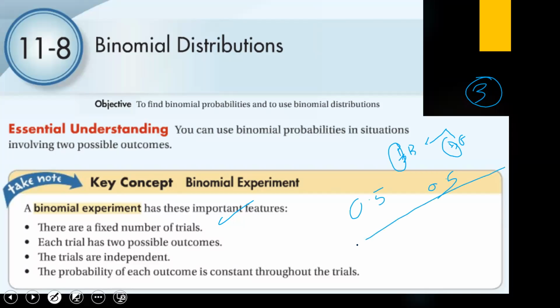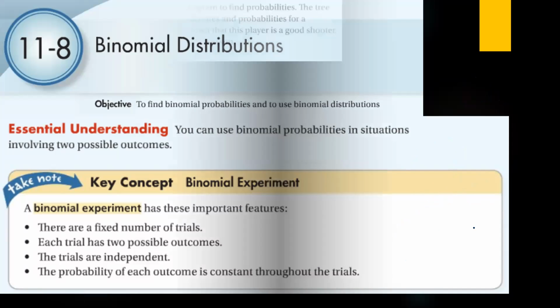On the second trial, I have also the same outcomes. The last one, I have also the same outcomes. So they have to be independent, I have only 2 possible outcomes, I have a fixed number of trials, and the probability is constant throughout the trials. These are the features of the binomial experiment.